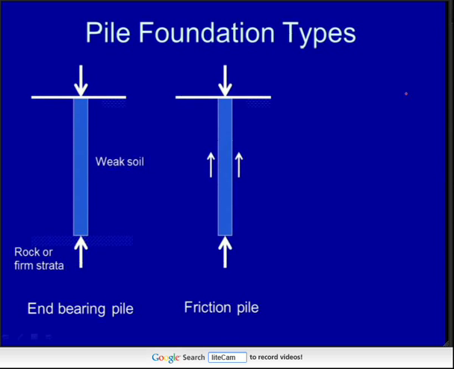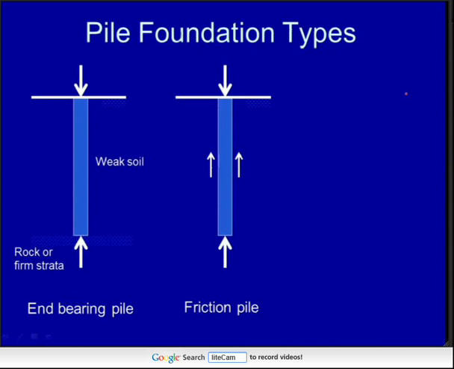What about another type? Here, we're supposed to have a deep deposit of clay. You've got no firm layer to end bear on, but by putting a pile into the ground, you transfer the load. Rather than being transferred to a little zone at the surface, you're now transferring the load to a large volume of soil. So the same load will result in lower stresses by being transferred to a larger volume of soil.